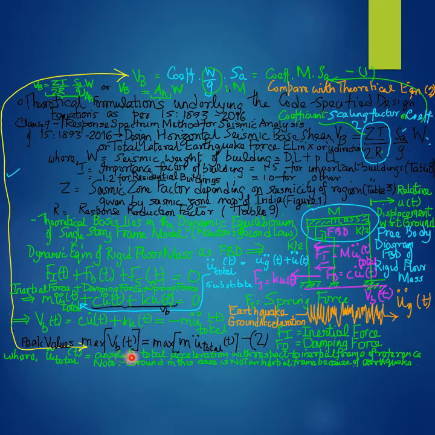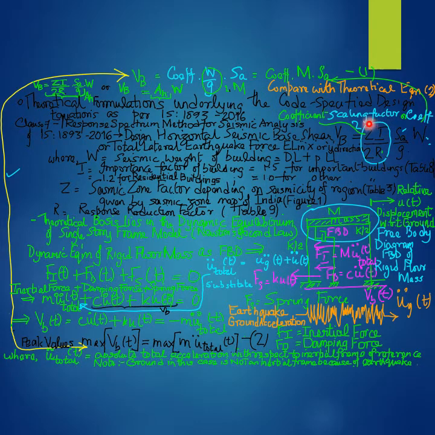The theoretical formulation, the theoretically or mathematically derived formulation given by equation 2 for the peak or the maximum value of the theoretical dynamic base shear V subscript small b, is immediately comparable to the code specified formulation for the design horizontal seismic base shear denoted as V subscript large B provided in this equation number 1.